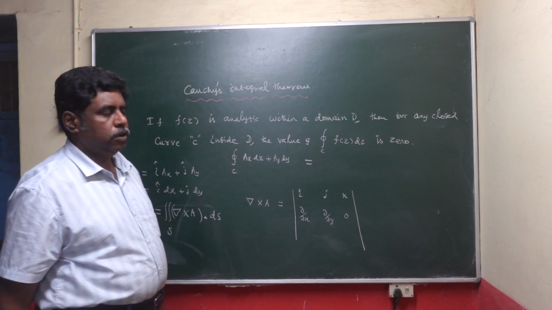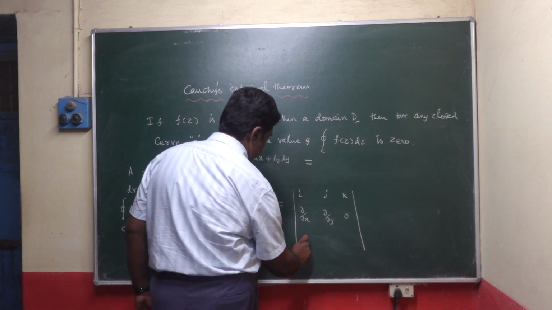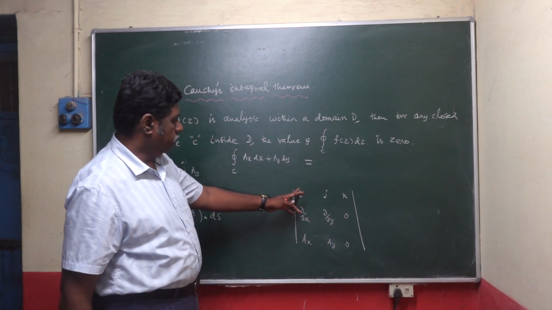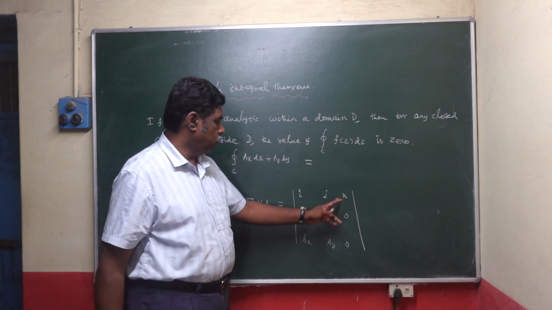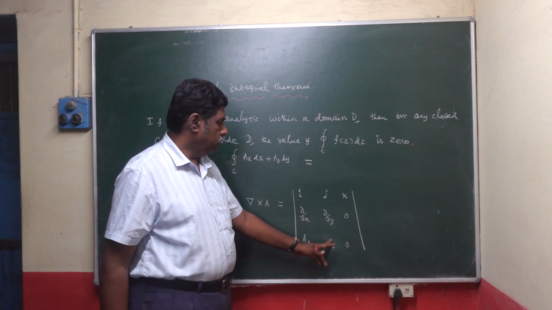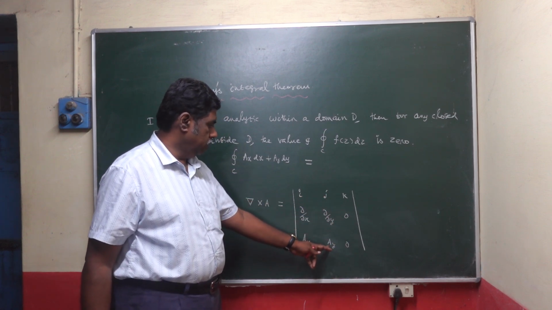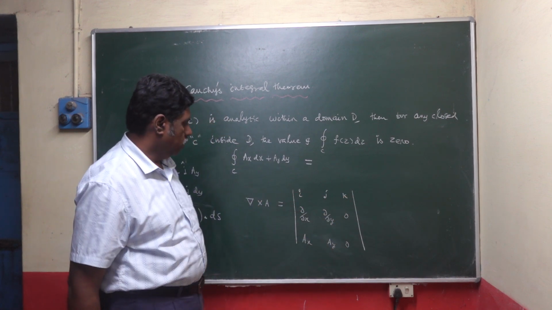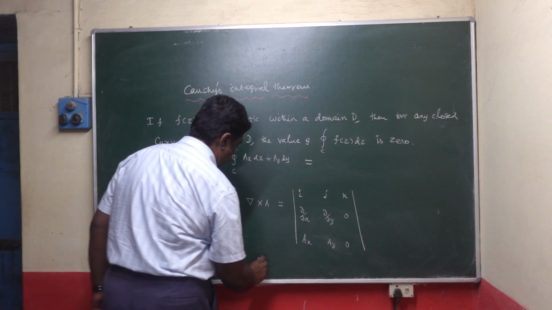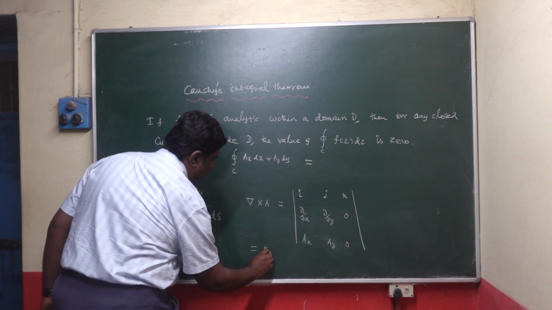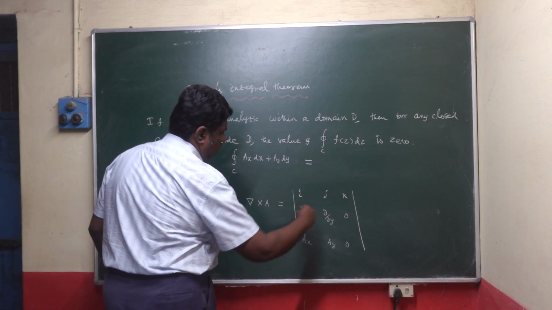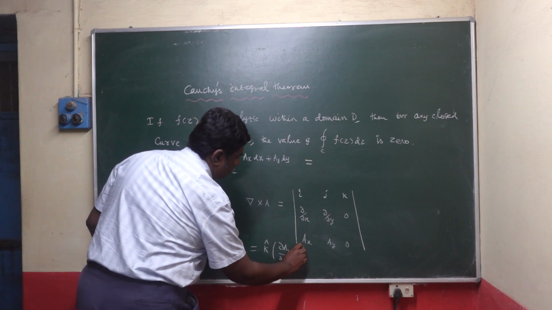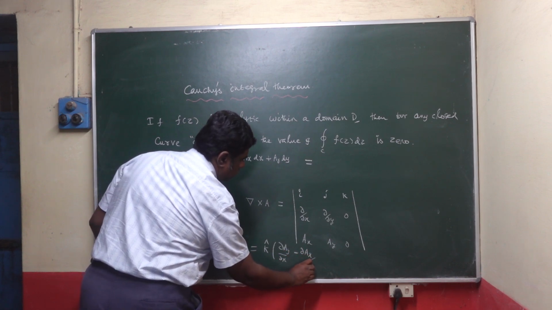Since A is a 2-dimensional vector field, here Ax, Ay, 0. i into, leave this column and this row, dou by dou y of 0, Ay into 0, 0, minus j into, leave this column and this row, dou by dou x of 0 minus Ax into 0, 0. The only contribution is from the unit vector k, that is k into dou Ay by dou x minus dou Ax by dou y.